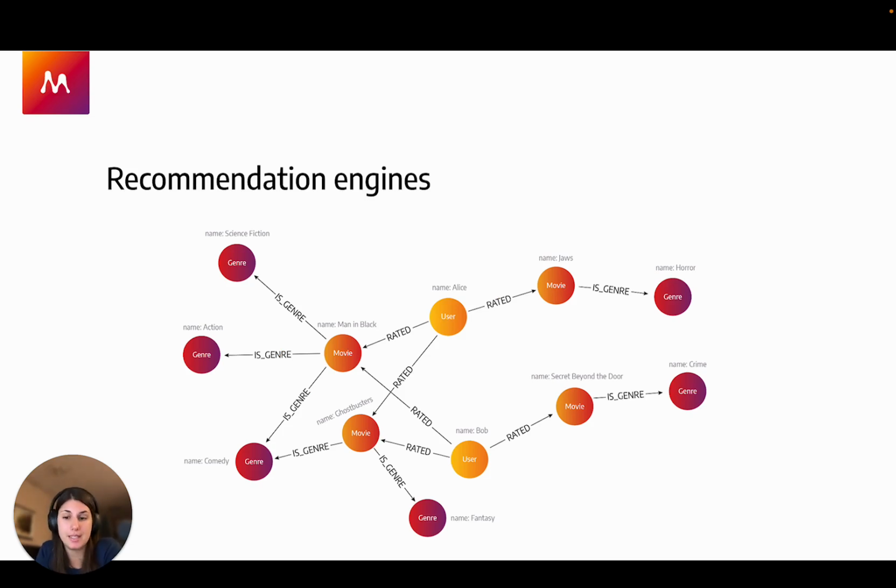Another example that is pretty common are recommendation engines. For example, here we have a graph of movies that are of some genre and users that rated some movies, and I'm going to show you that later on in the code part. So here we can determine similar users based on the movies they rated, and then in the end recommend a new movie to some user.